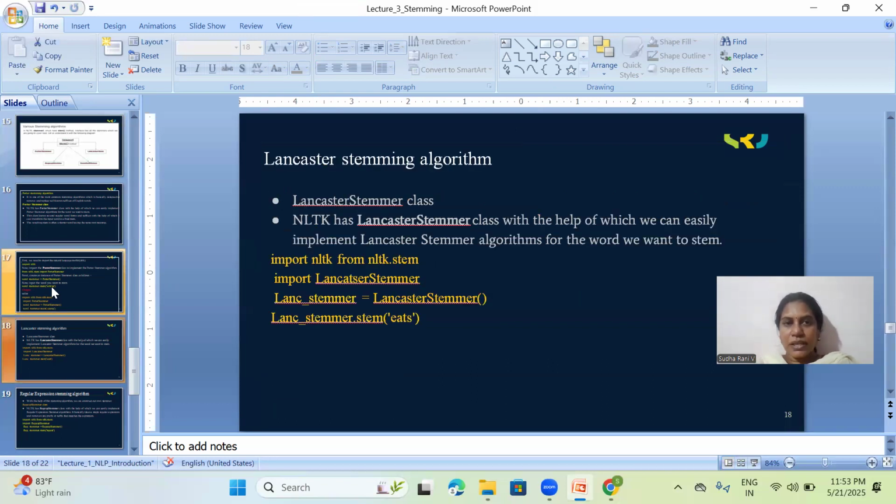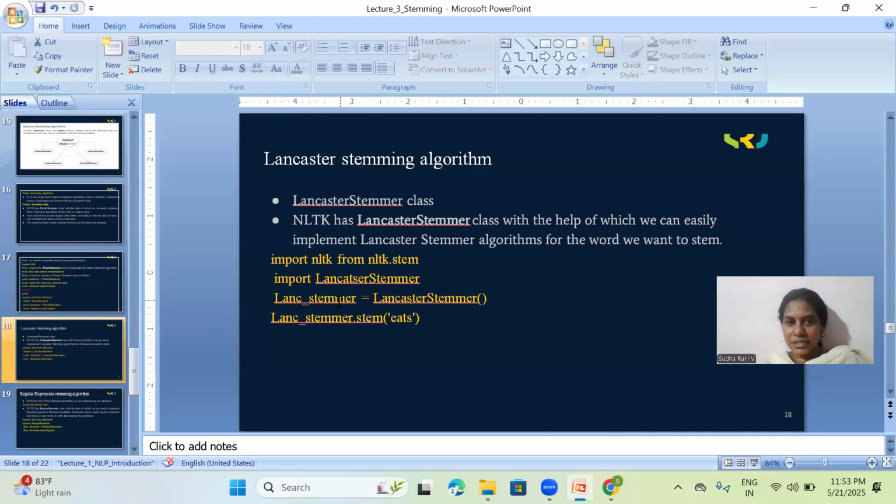Next one, Lancaster stemming. NLTK has a LancasterStemmer class, with the help of which we can easily implement the Lancaster stemming algorithm for the word we want to stem. We have to import the NLTK toolkit and create one instance.